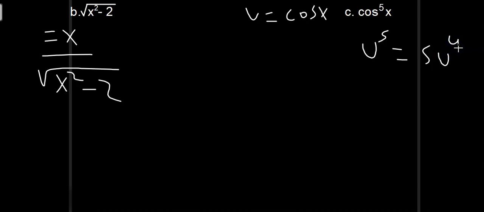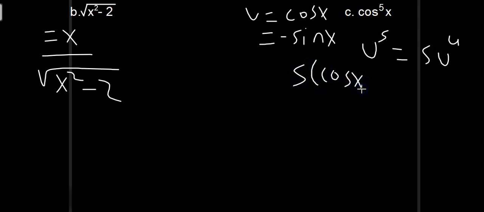Then I want to derivate the u, so when you derivate the u, you get minus sine x. Now it's all about substitution. Let me write the u back, so it will be cos x to the 4 times minus sine x.